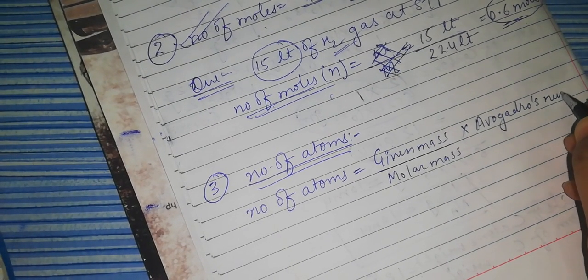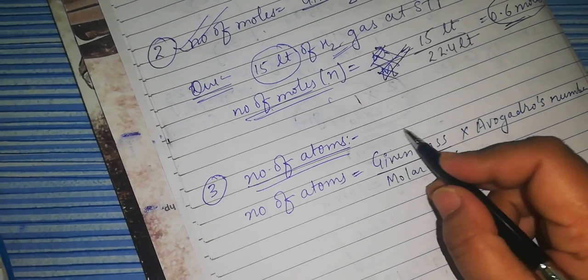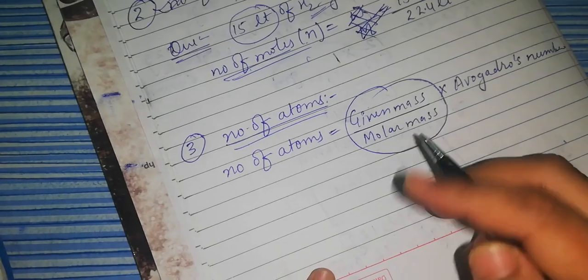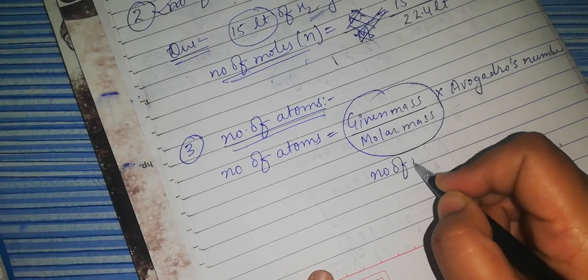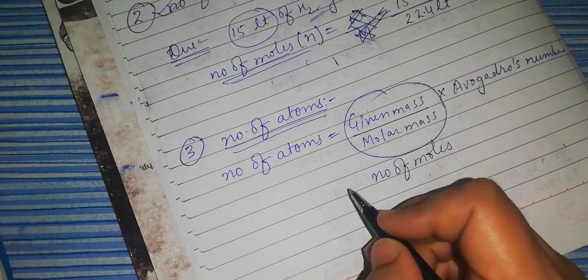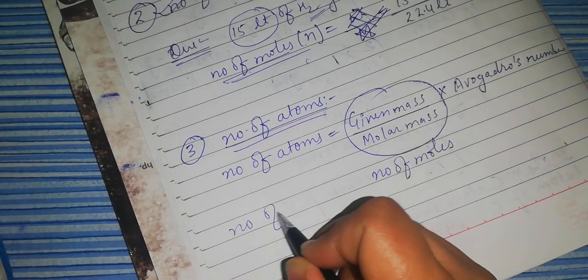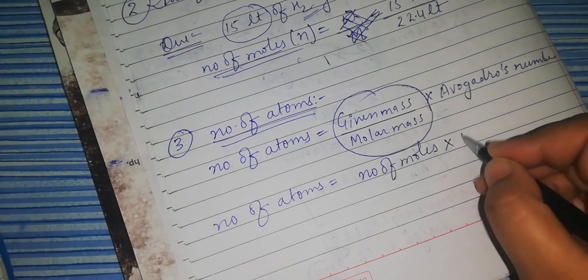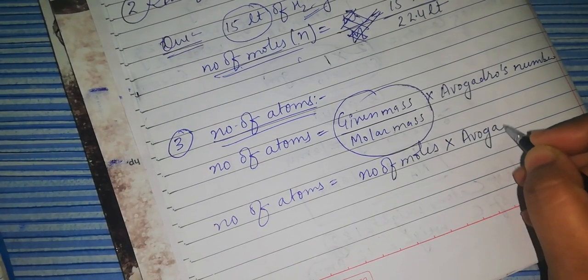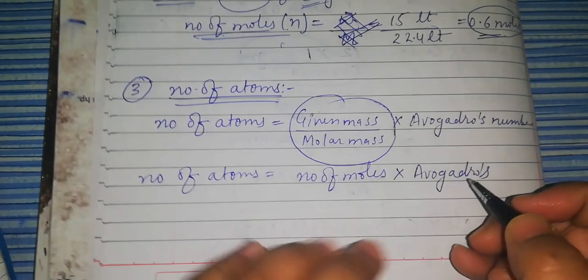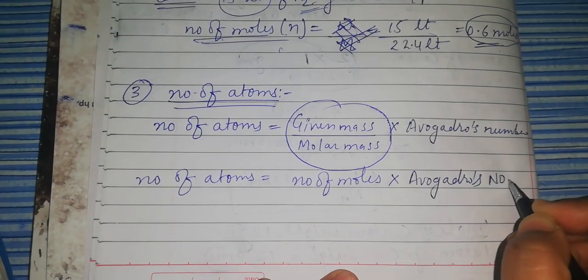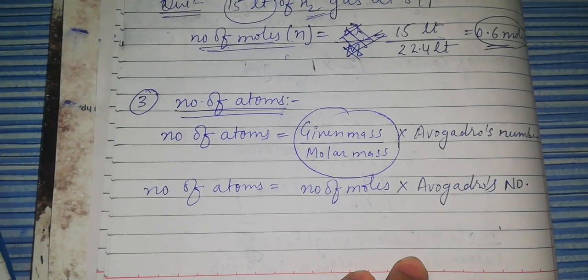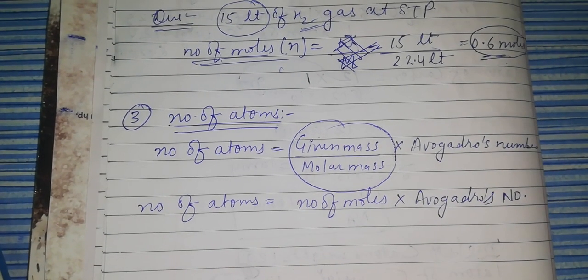This term is the number of moles. So we can write the formula as number of atoms equals number of moles into Avogadro's number.